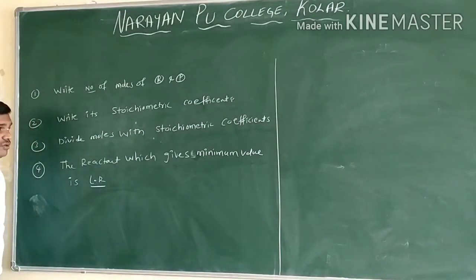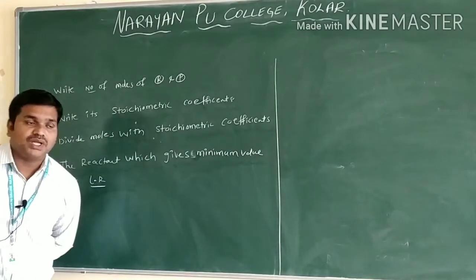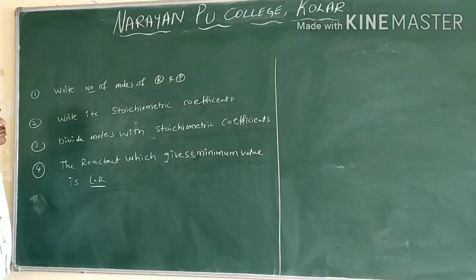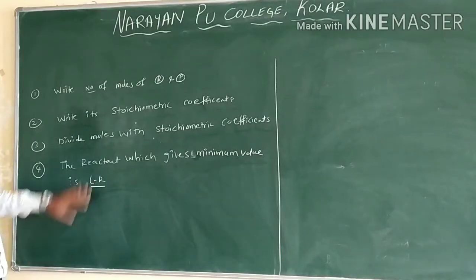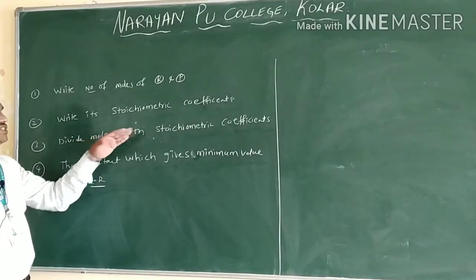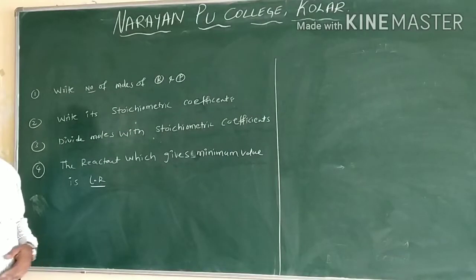Third, divide the number of moles by the stoichiometric coefficients. After this calculation, identify the minimum value, that is the limiting reagent, and the highest value, that is the excess reagent only.